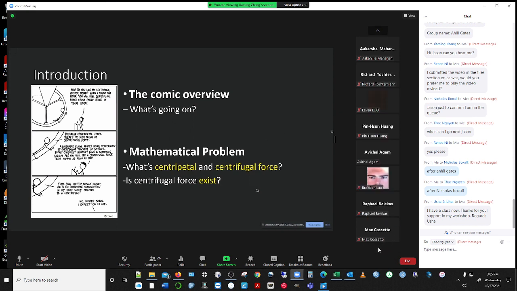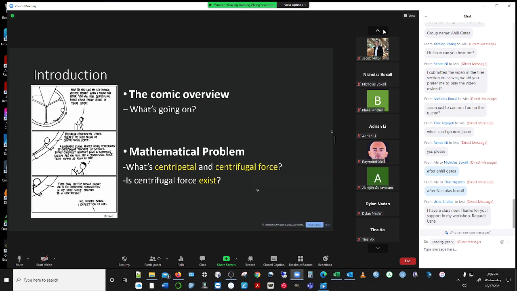This comic is about Mr. Brown being tied to a centrifuge, and another person controls the centrifuge. This person thinks the centrifuge has started, and the centrifugal force will catch Mr. Brown, because he believed that Mr. Brown was not moving relative to the centrifuge.